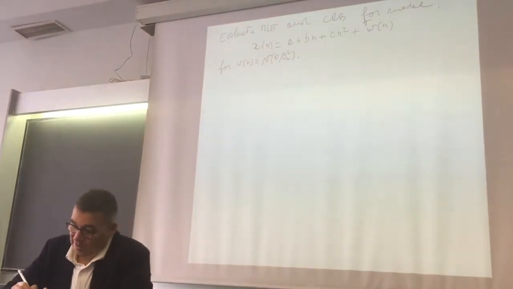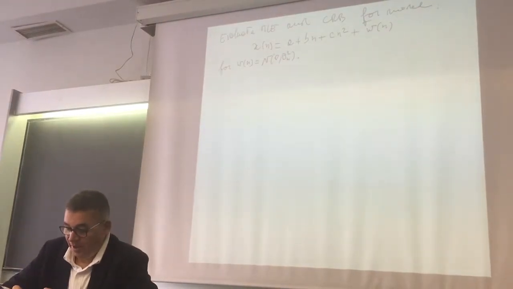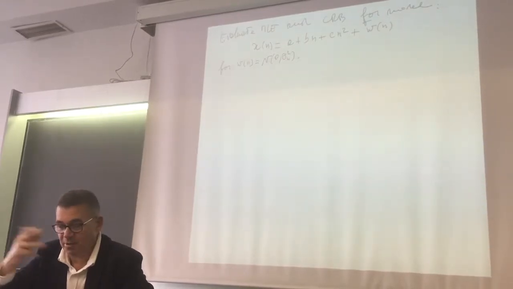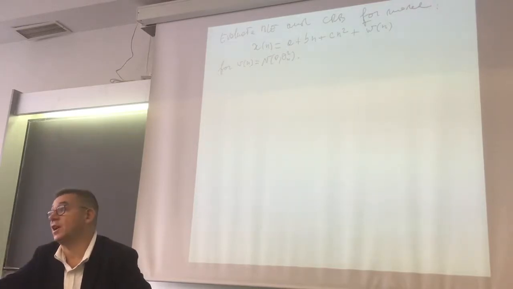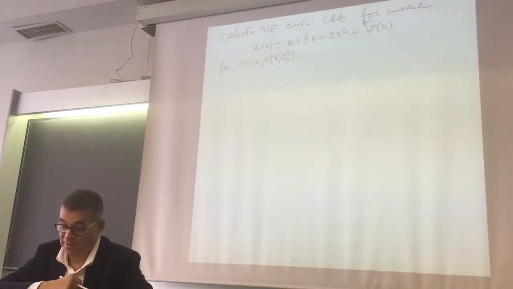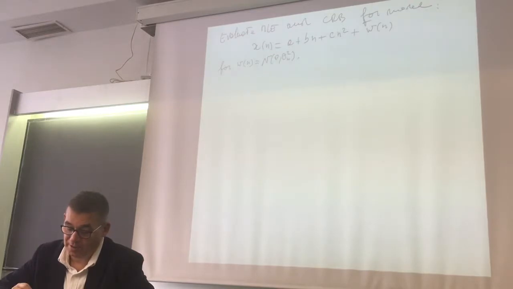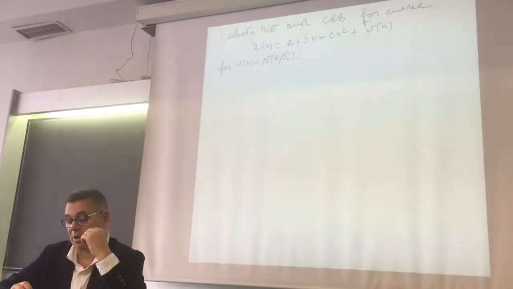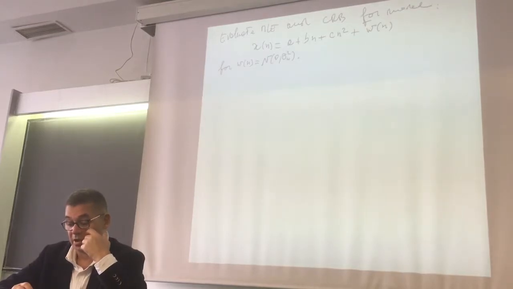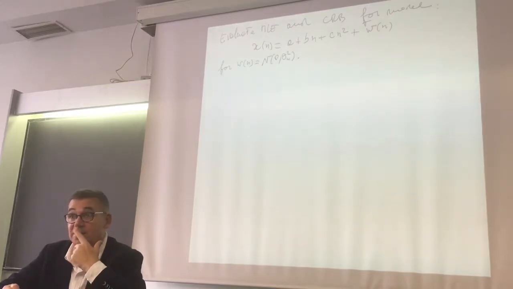Now, so let's get practice over it. Evaluate. So if you have a problem now, beyond the wording of the exercise, okay. So the concept is: evaluate the maximum likelihood estimator and the Cramér bound for the model, and the model is x[n] equals A plus Bn plus Cn squared plus noise.